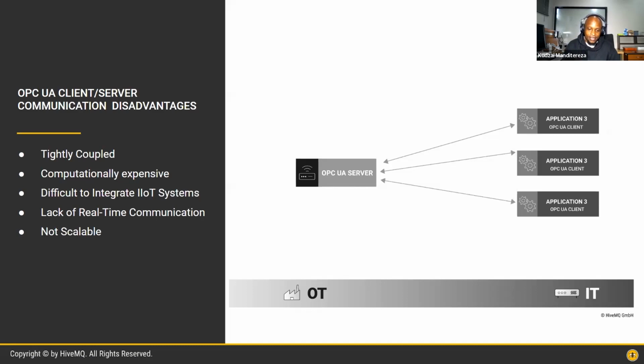Now, in as much as that works in an edge environment, when it comes to the context of integrating factory floor OPC UA data with cloud-based components, this OPC UA client-server communication approach falls far short of what is expected. So the first challenge is that using an OPC UA client-server communication model, some form of agreement or handshaking has to be established between the server and a receiver before any data can be sent in either direction.